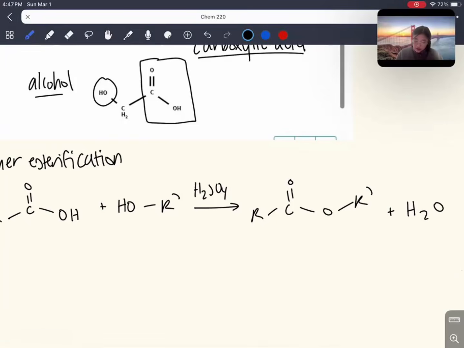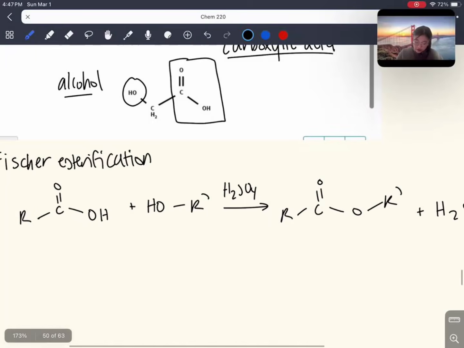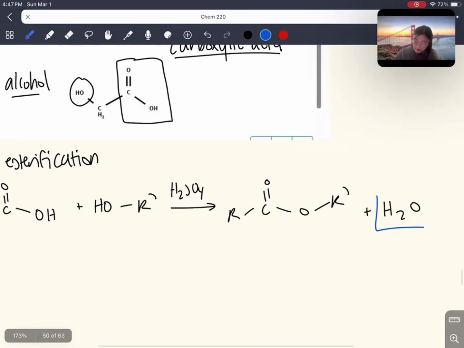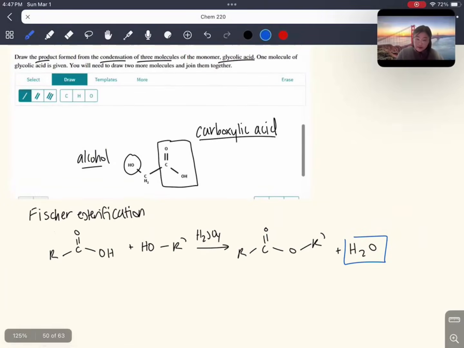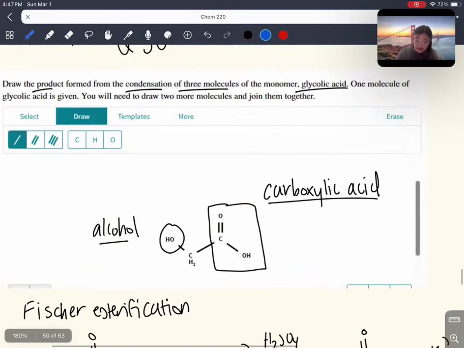Basically, in this reaction, you can see that we have water as a side product. That also lines up with what this question is asking, which is a condensation reaction.